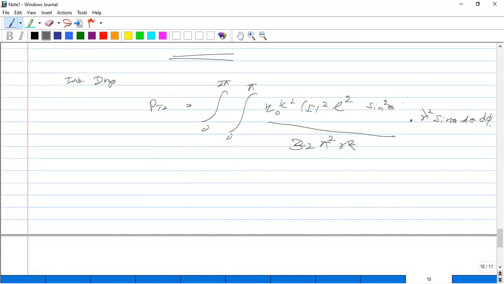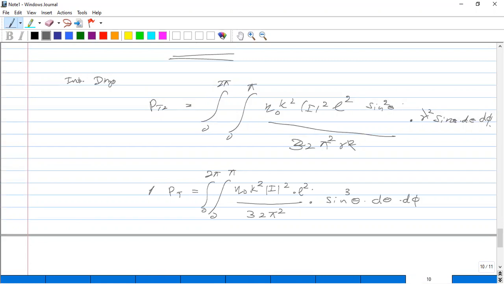Pt is equal to integral 0 to 2π, 0 to π, eta k square I square l square, and here 32 pi square, sine cube theta d theta d phi.